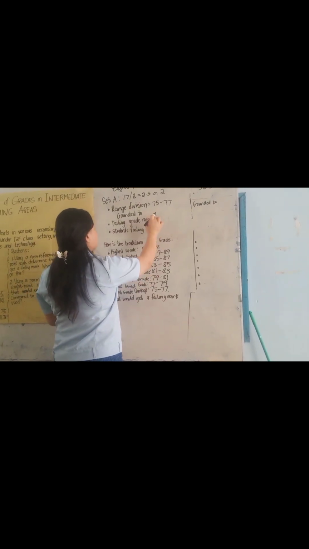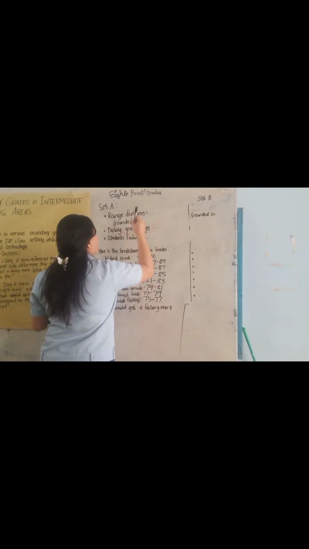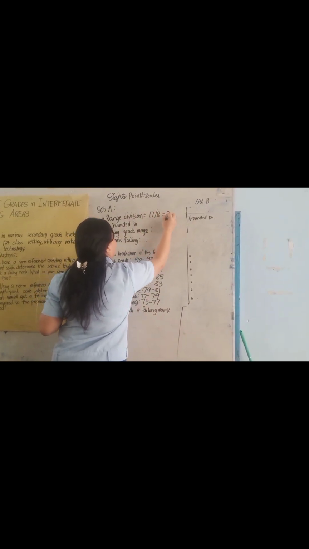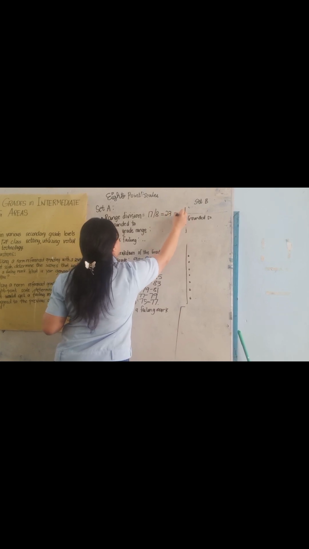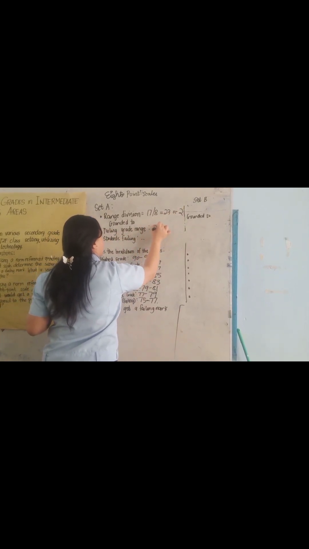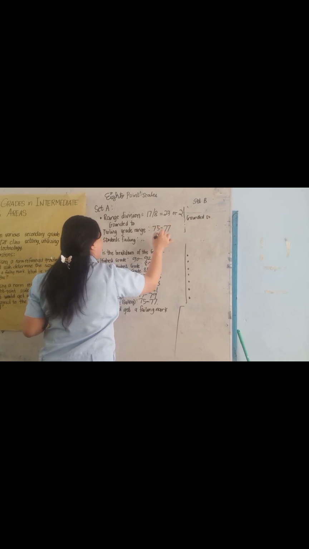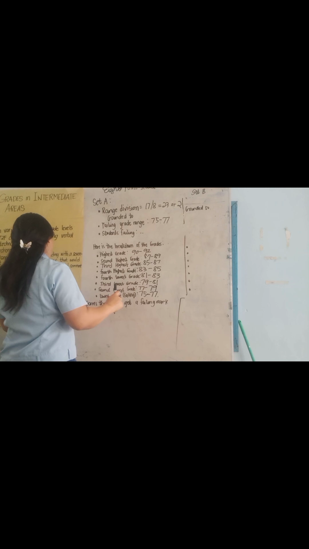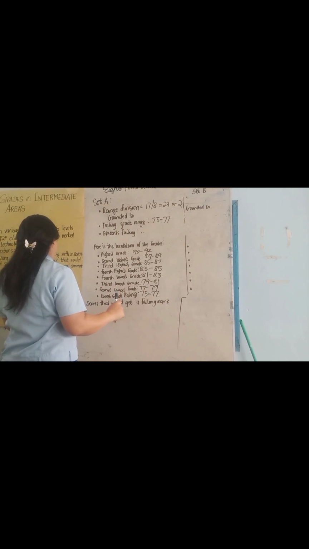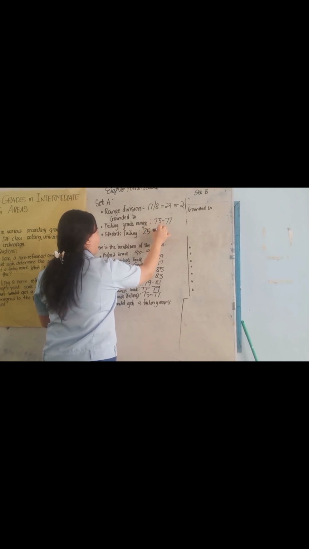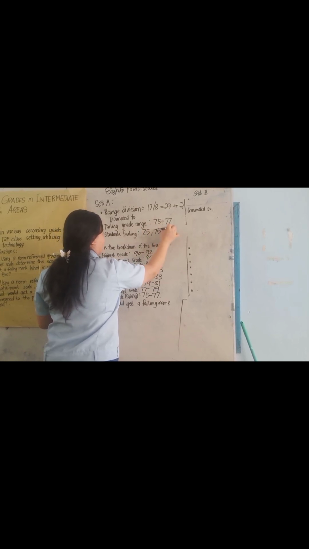Sorry, 17 divided by 8 is equal to 2.3 or 2. The failing grade range will be 75 to 77. The students that have failing grades are 3 students, with scores 75, 75, and 77.